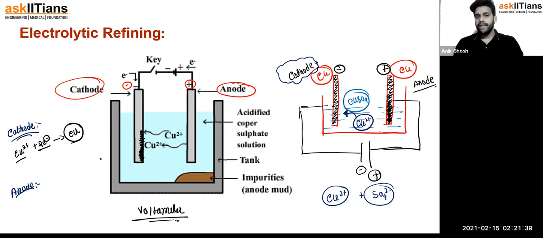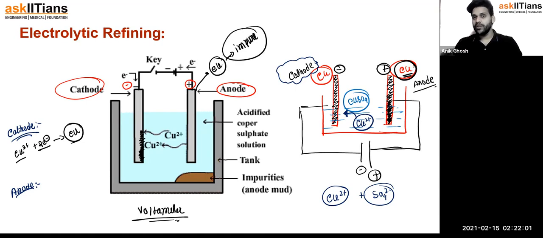Now, the anode is also made up of copper, but there is a difference between the cathode and the anode. The copper in the anode is the impure one, meaning the copper you got from several processes. But the copper in the cathode is going to be the pure, purified copper.